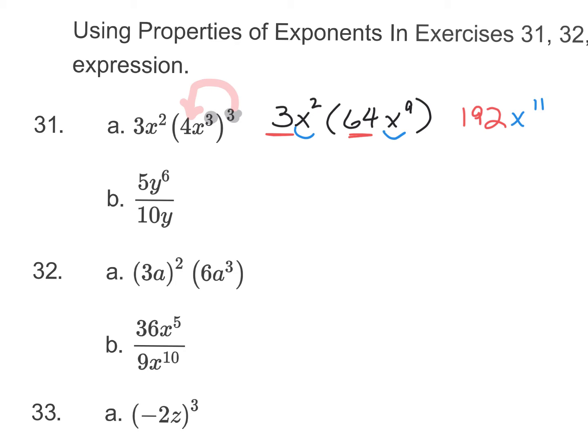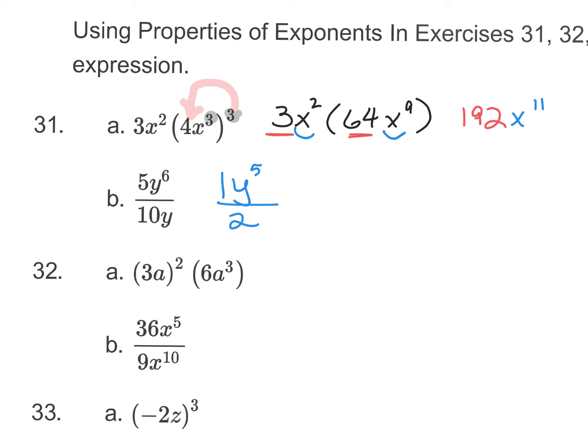The next one, I need to simplify the numeric part, so the coefficients. So that's going to simplify to 1/2. And then the y's, I can subtract them. So 5 minus 1, and I get y to the 5th. So this is going to simplify to y to the 5th over 2.